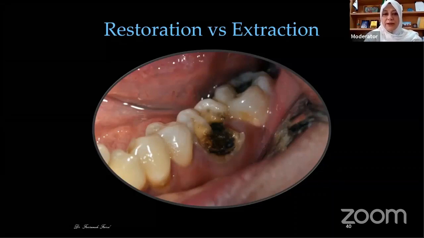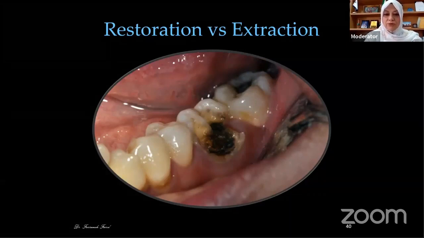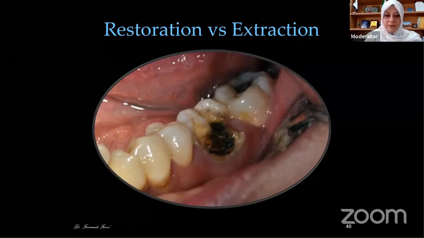But if it can stay in position, and even after removing the bone the remaining bone height is enough for future implant placement, you can keep it. It will work well if you make a good choice for its treatment, considering all the factors we talked about, especially force factors.